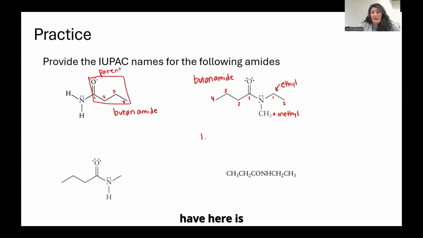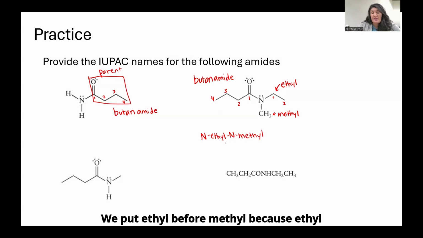So what we have here is N-ethyl-N-methyl butanamide. We put ethyl before methyl because E comes before M in the alphabet.